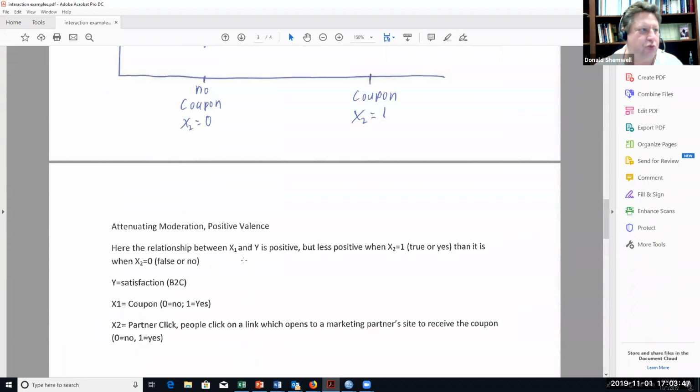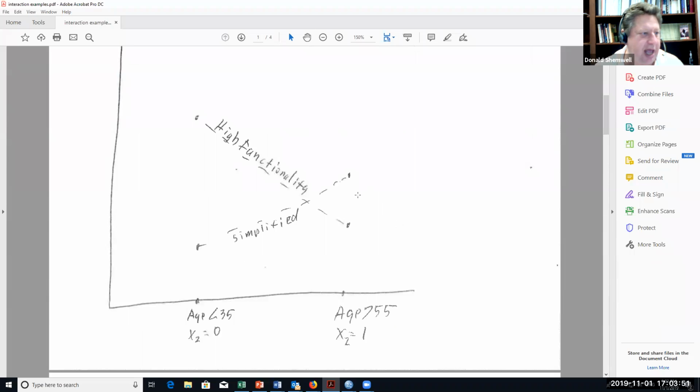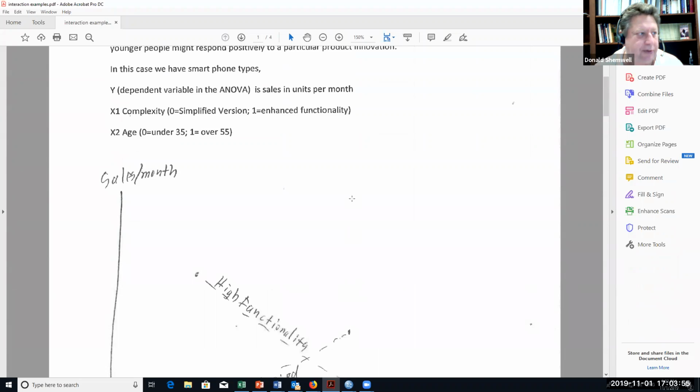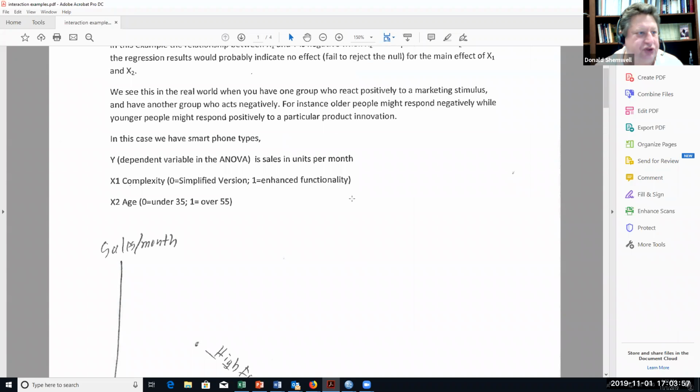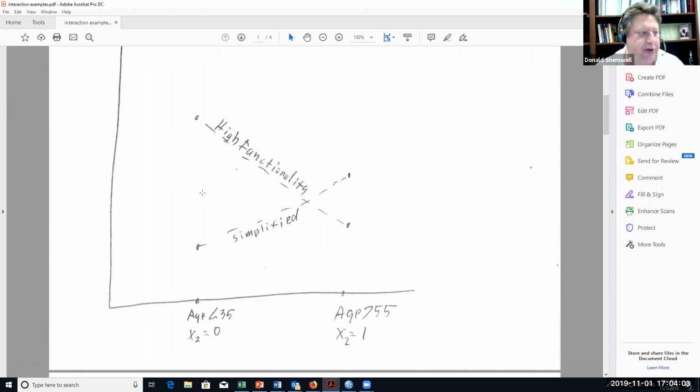of a situation where we have a crossing interaction. This is an example of selling cell phones, or some other piece of equipment, and it has to do with simplicity. So the two things, high functionality versus simplified. And then we have two groups: people under 35 and people over 35.